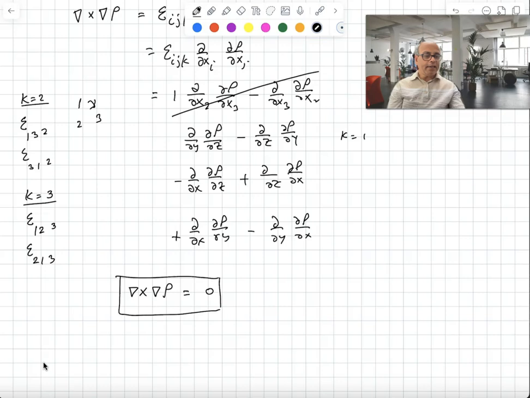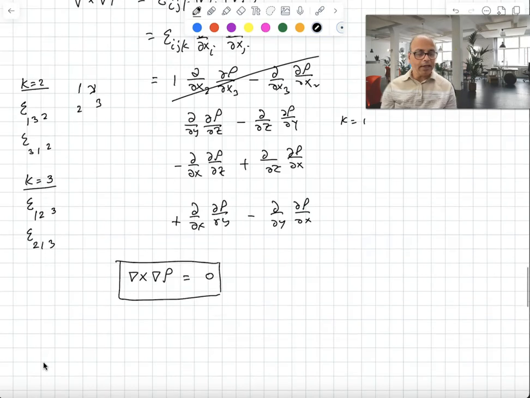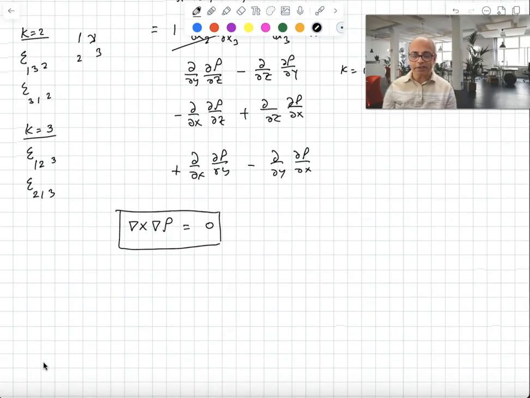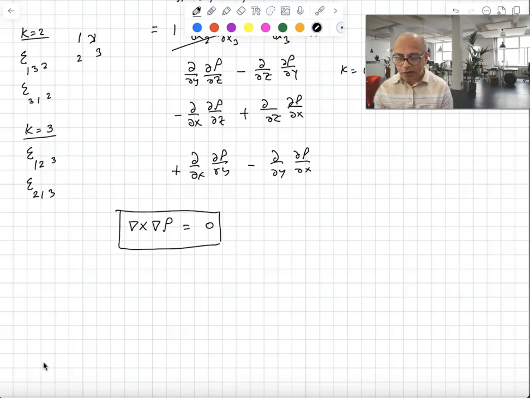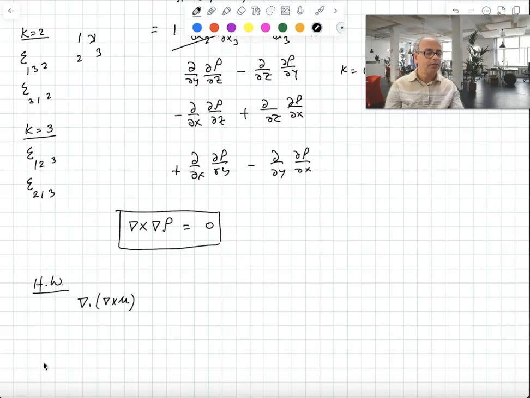I think this is going to be a long lecture, and I don't want to take too much time, so I want to give you a homework. Using tensor notation, evaluate the divergence of a curl.